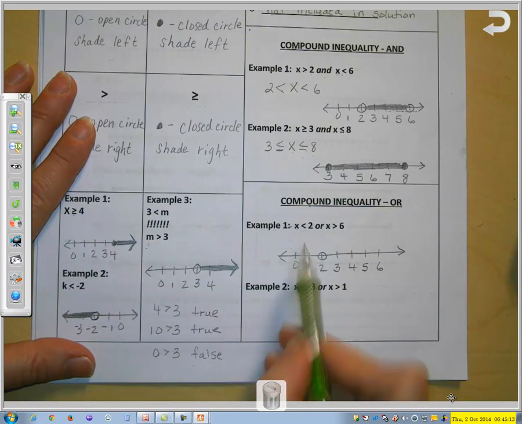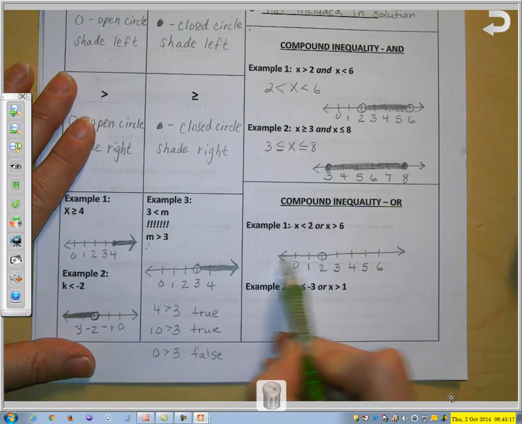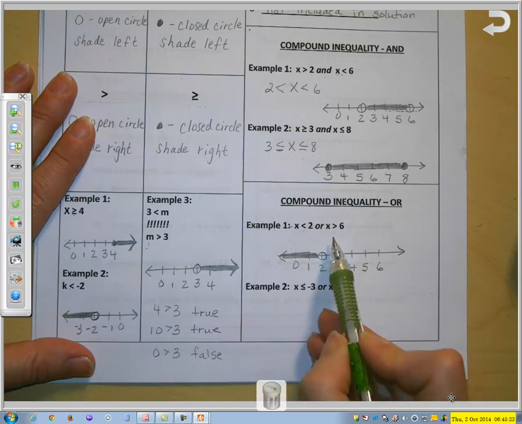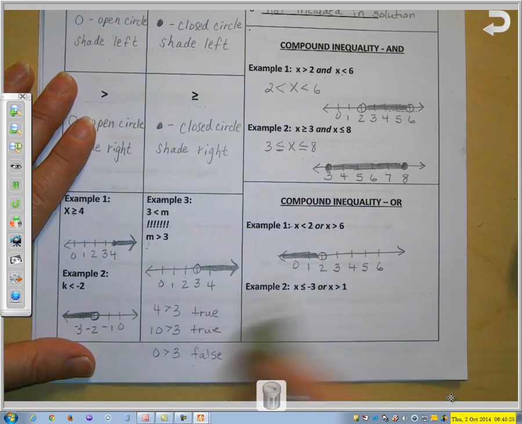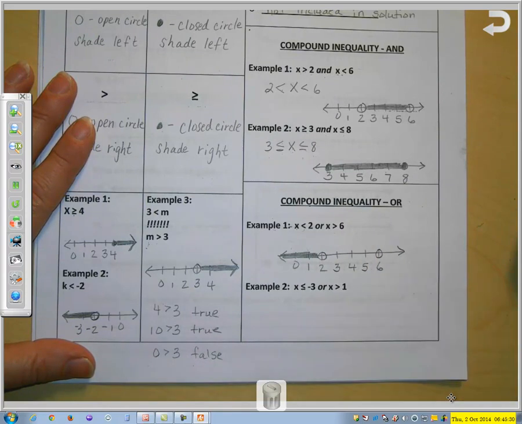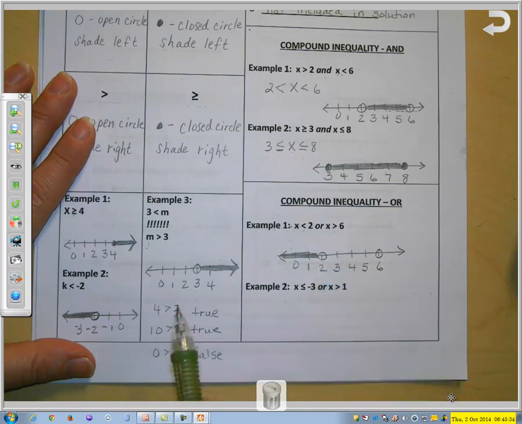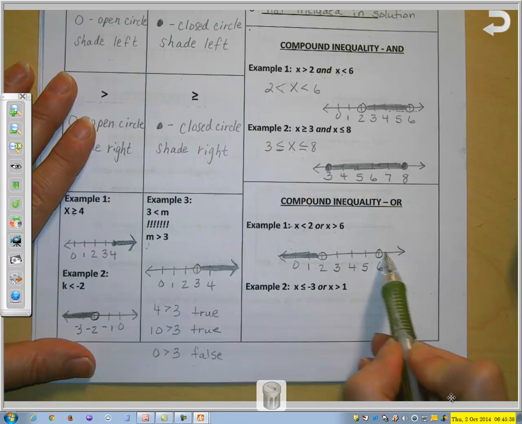So now we're going to graph to the left of 2 because all of the values in the solution set are less than 2. Okay, now we're going to graph x is greater than 6. So open circle at 6 because 6 is not included in the solution. X is greater than 6, so we're going to shade to the right of 6 because the larger numbers are to the right of 6.